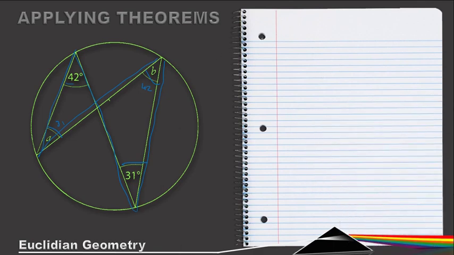To write that down, we can say that A is equal to 31 degrees, and our reason is angles in same segment. And then B is equal to 42 degrees, also angles in same segment.